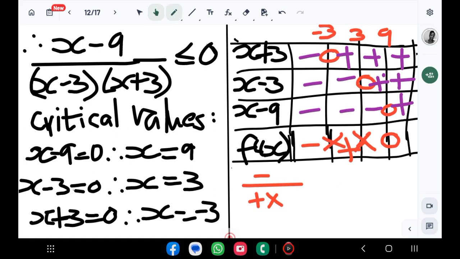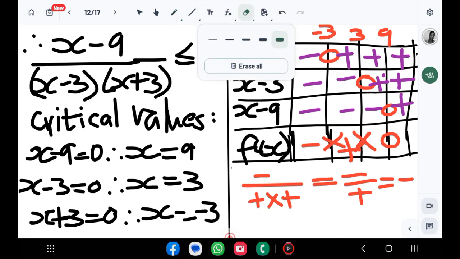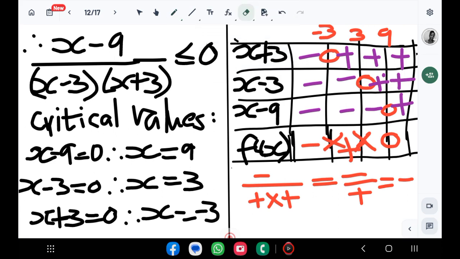That is also positive, so that becomes negative over positive, which is negative. So this region is negative. Okay, let me change the color back to purple because it's clashing with the red here. So we've got negative and then positive.